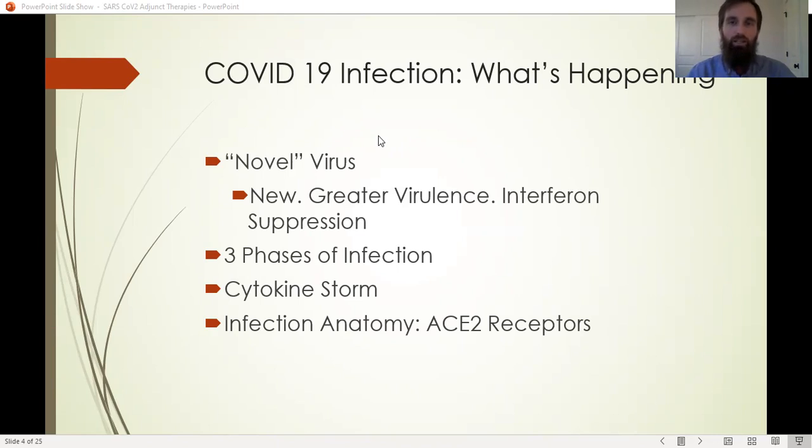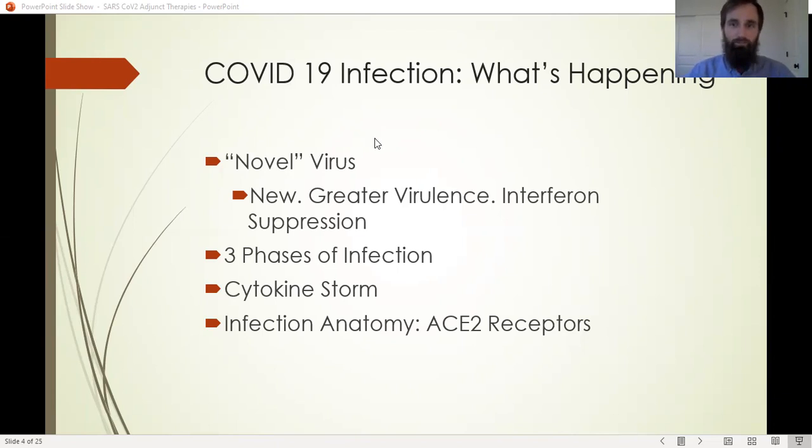So you get this uninhibited viral replication, increased viral loads, and eventually the cytokine storm. Eventually the immune system response catches up, but in the real sense of things, it's not catching up. It's just way too late to the game.